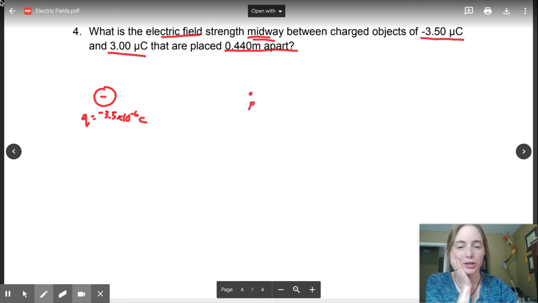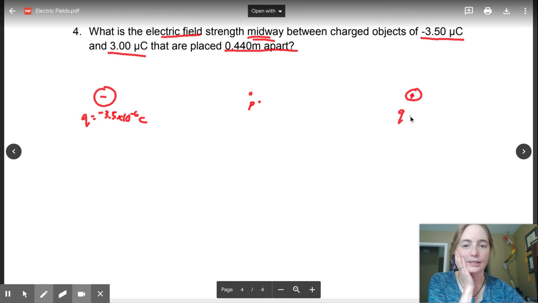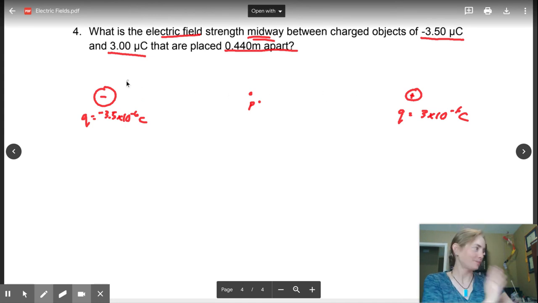Okay, so that's point P and placed 0.440 meters apart. Okay, and this guy is Q. It's going to be 3 times 10 to the power of negative 6 coulombs. Okay? Okay. So, let us think.